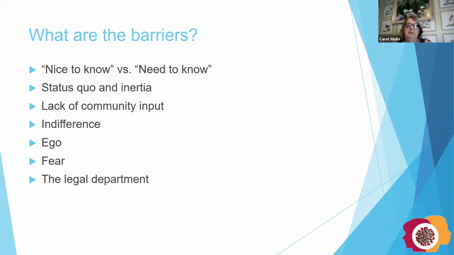If there are things that we can address in another way, then try to find another way, through parentheses. I'm not a big fan of footnotes, but maybe it's footnotes, parentheses, or little side box explanations. Status quo and inertia are big barriers to getting to writing at the 6th grade reading level.